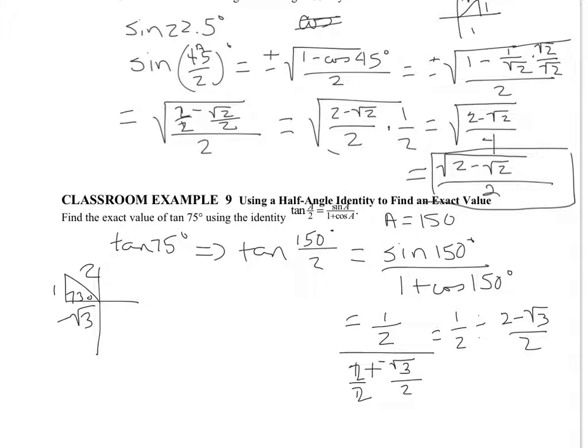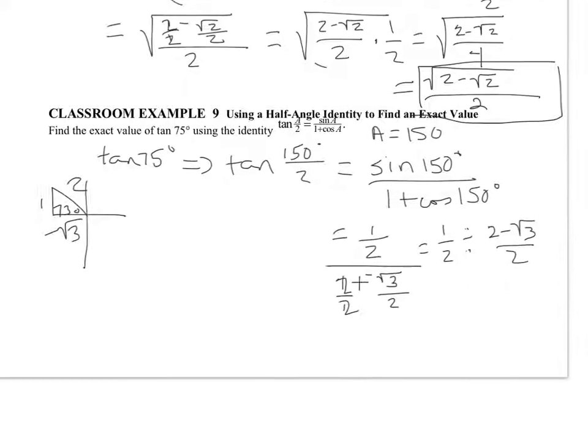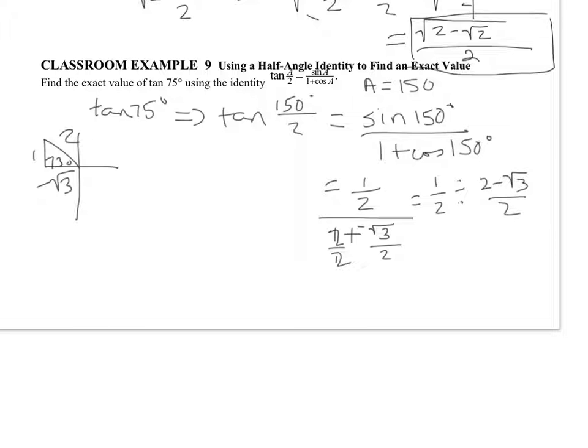Just taking this denominator right here and writing it as a single fraction. And that would become 2 minus square root of 3 over 2. But a fraction divided by a fraction is the same thing as multiplying by the reciprocal. So let's rewrite that as 1/2 times 2 over 2 minus the square root of 3. And what can I do with the 2's? Cancel them out. All right. We've got 1 over 2 minus square root of 3.